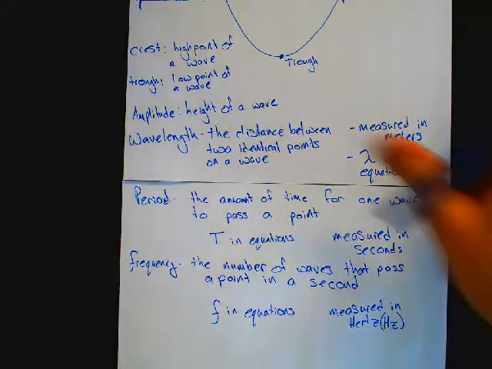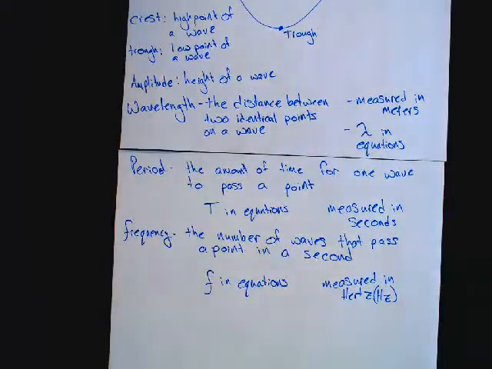All right. After you've got all that down, take a second and go back and read over period and frequency. I want to know, are they similar in any ways? How do these two seem to be related?